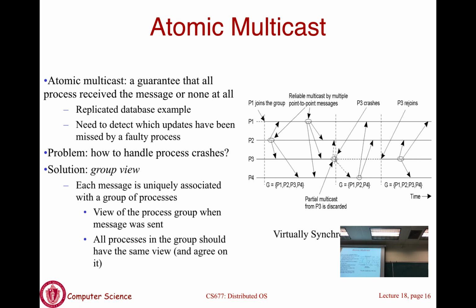The reason this is interesting is we will have things like replicated databases. If you remember, you send a transaction query, and it will basically send it out as RPCs to 2 database replicas. Either you want both of them to receive it, or you want neither of them to receive it, because you don't want a transaction to be performed on one replica but not the other.